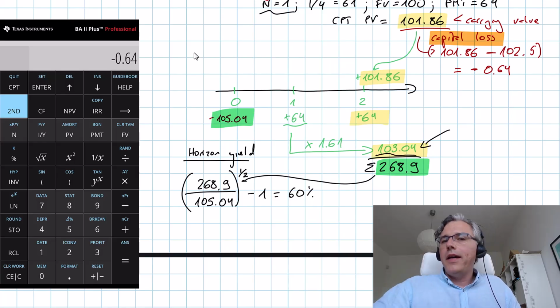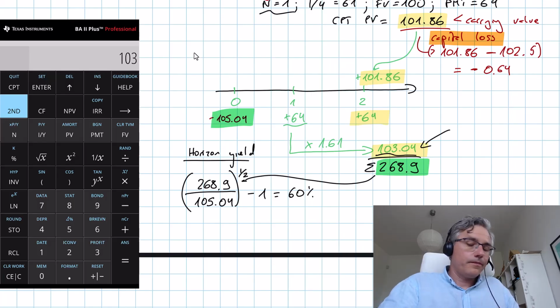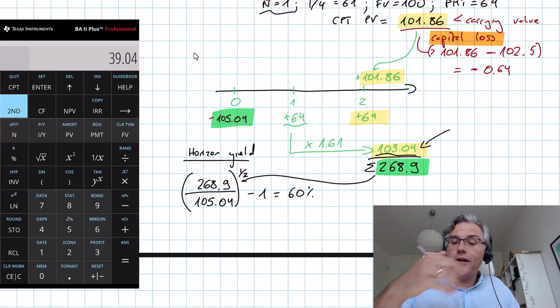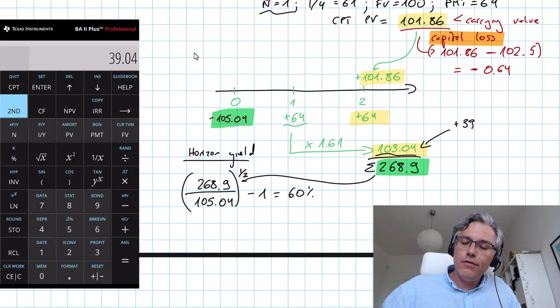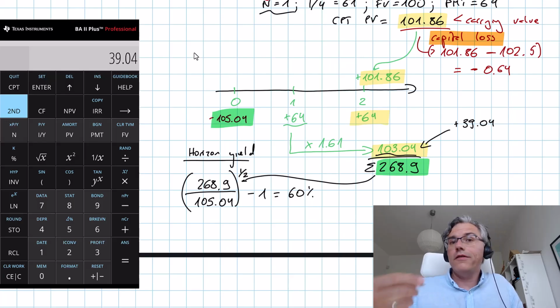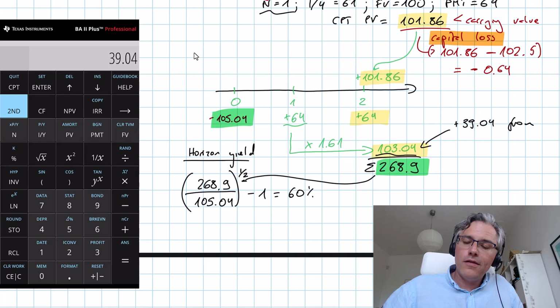The amount we get from the first coupon is 103.04. And if we compare it to the size of the coupon, which was just 64, that means a 39.04 sort of gain from the reinvestment of that year 1 coupon.